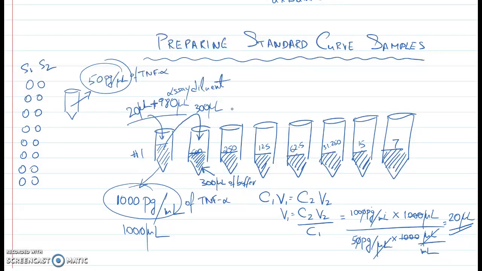What do you think happens to the concentration? Is it going to go up? Is it going to stay the same? It's going to be halved, right? So with this little trick, I was able to drop from 1000 to 500. Okay? And then from this one, after I mix it a few times, I'm going to transfer another 300 to the neighboring tube and do the same thing.